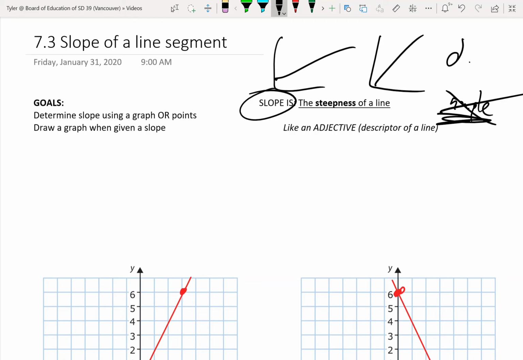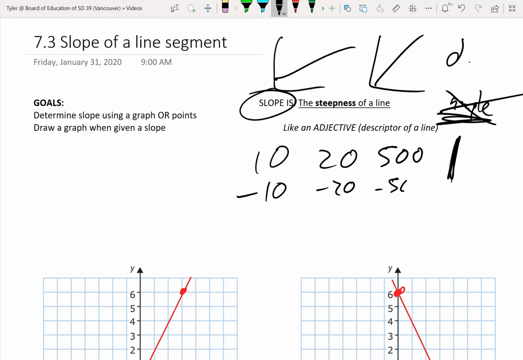It is a number that describes how steep a line is. A big slope, like 10 or 20 or 500, is going to be very, very steep. A negative slope, like negative 10, negative 20, negative 500, is going to go down. These ones are going up. Okay? And then a fractional slope, like 1/2, 1/4, 3/700, okay, is going to be shallower.